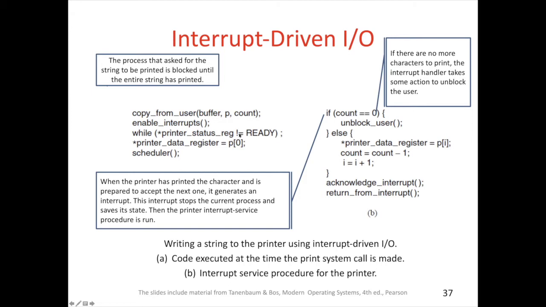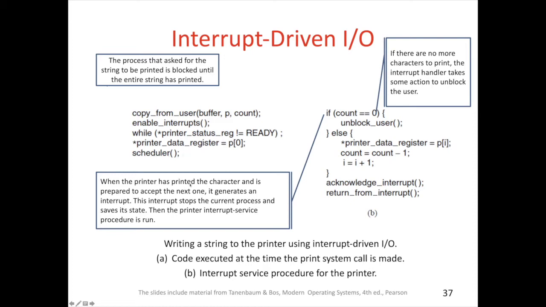Then, while the content of the printer status register is not equal to ready, wait here, and then when the printer is ready, the content of the printer data register is set as p[0]. Then the scheduler is called to continue with some other process.